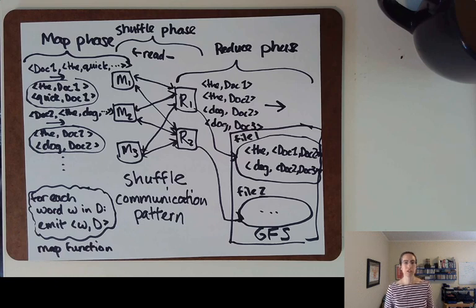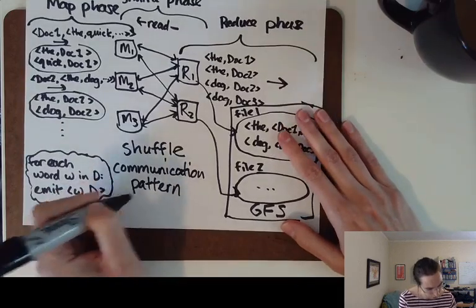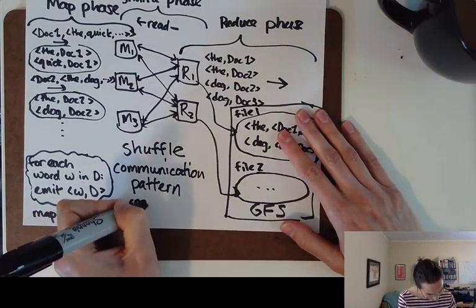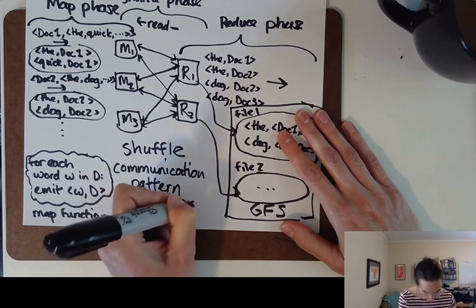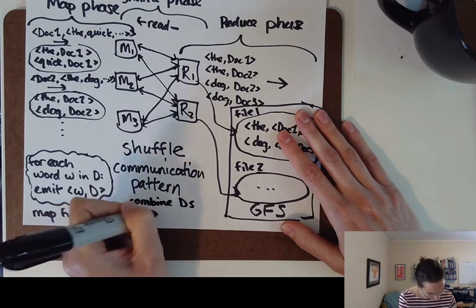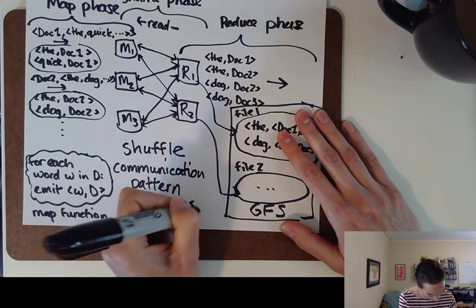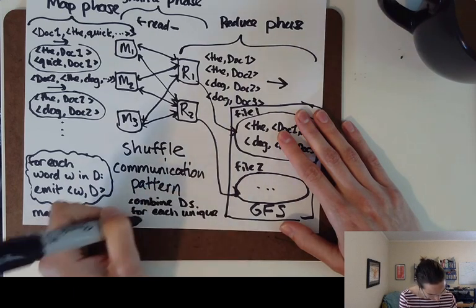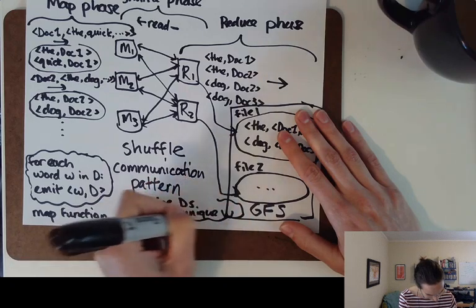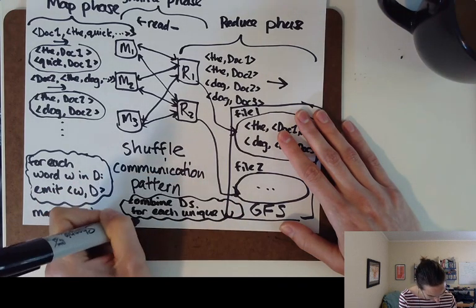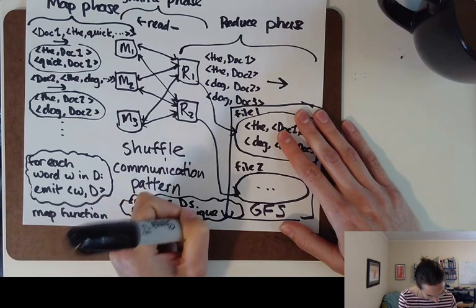So everything else isn't specific to this task. So MapReduce is a framework for doing these kinds of computations. In the MapReduce framework, you plug in these two little pieces of code, which are known as the map function and the reduce function. I'll try to write down the reduce function here, just so it's all on one page.